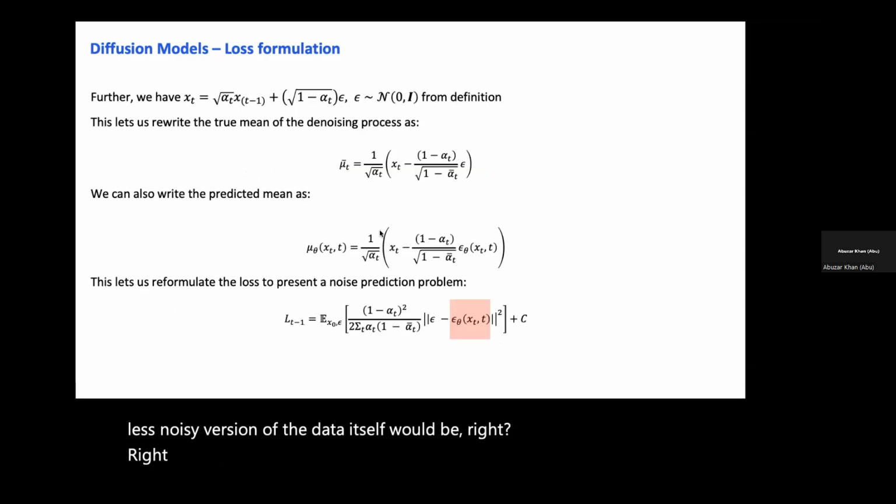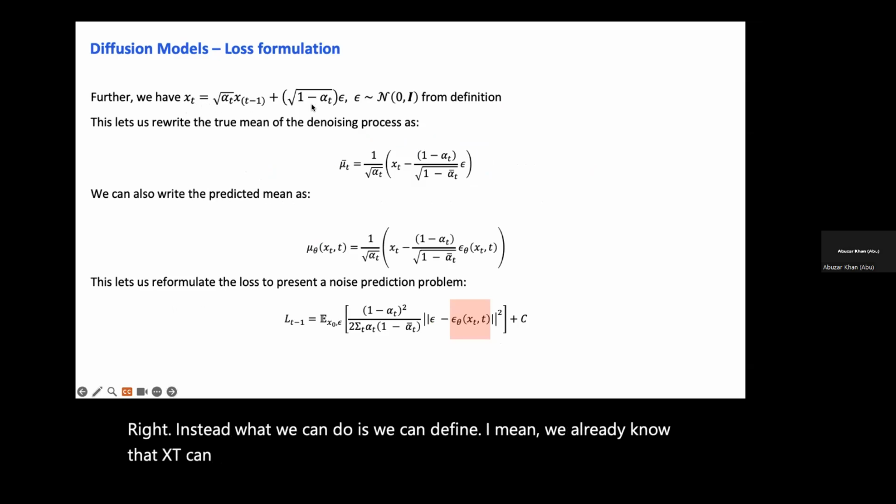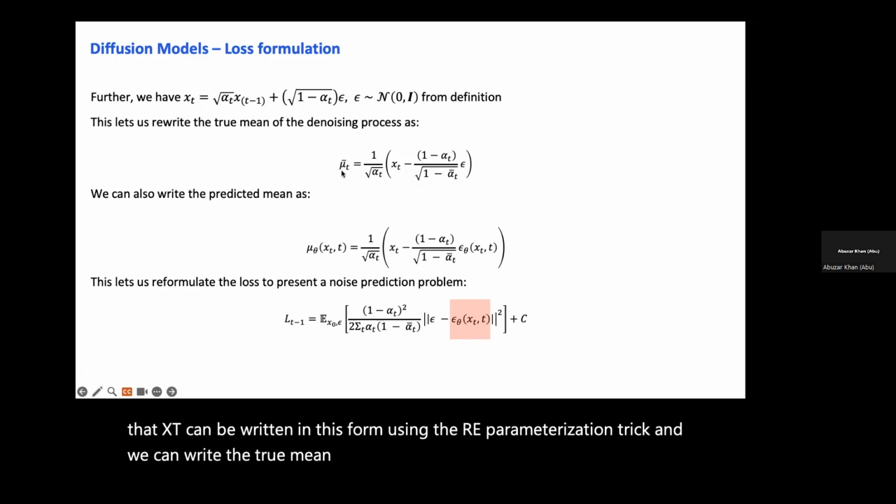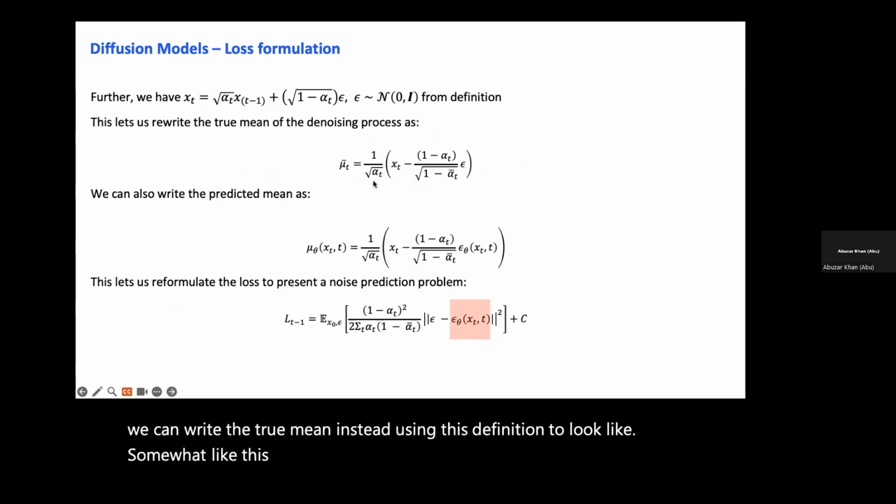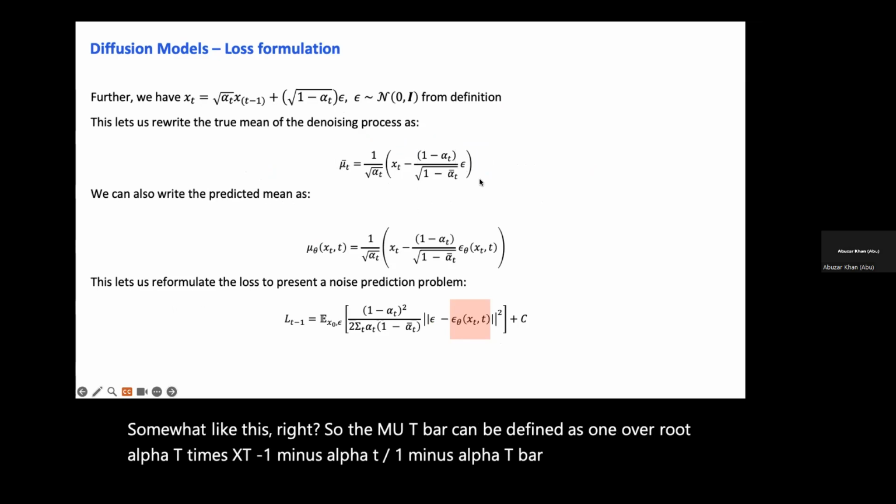Instead, we already know that xt can be written in this form using the reparametrization trick, and we can use this definition to write the true mean somewhat like this, right? So the mu t bar can be defined as 1 over root alpha t times xt minus 1 minus alpha t over 1 minus alpha t bar, right?